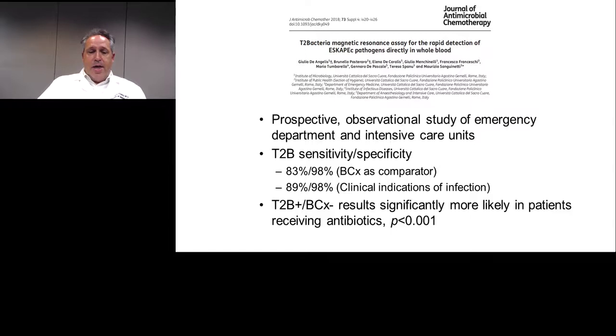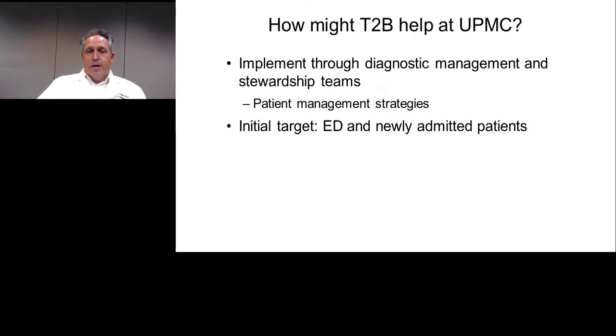And again, T2 positive, blood culture negative results were significantly more likely in that large cohort of patients who had already been started on antibacterial agents. So with the Italian data and with how bloodstream infections occur at the University of Pittsburgh, how might T2 bacteria actually help at our center?